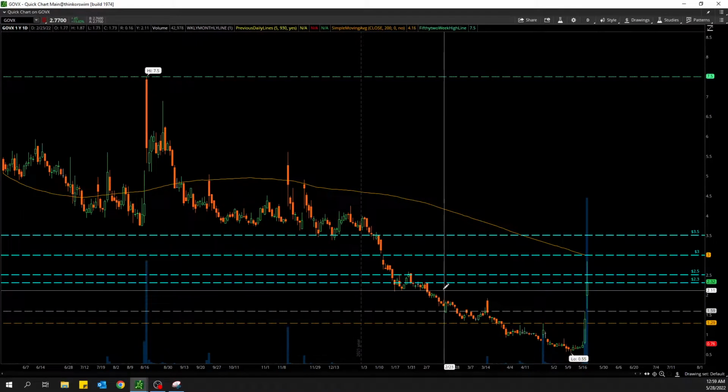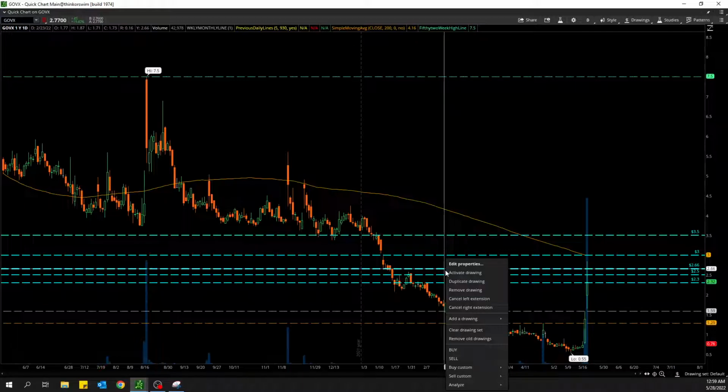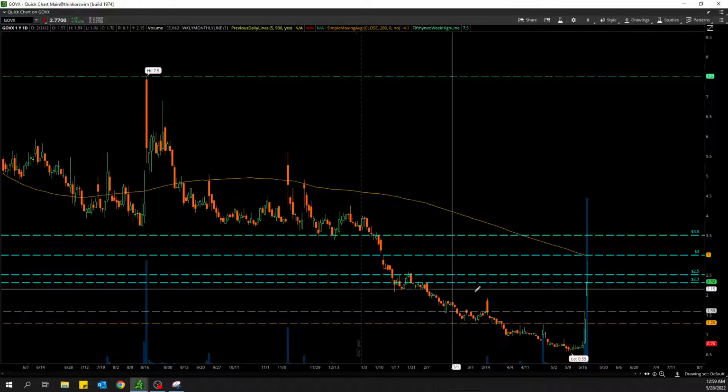So these are the areas that I'm looking at. And then right here, 266 could be an area, but I'm gonna let that be for right now.